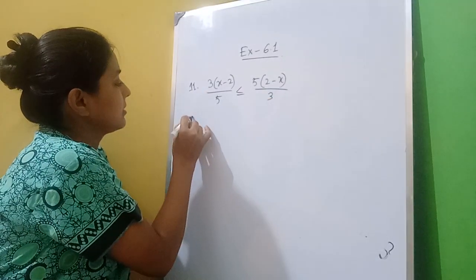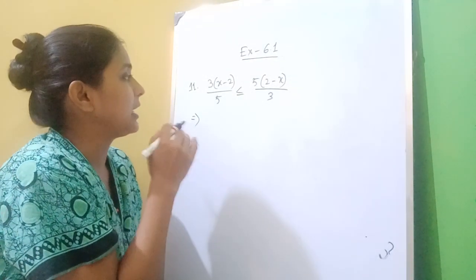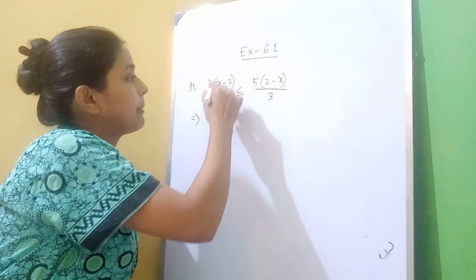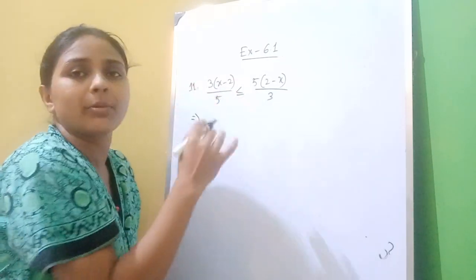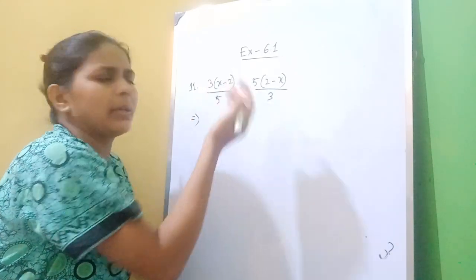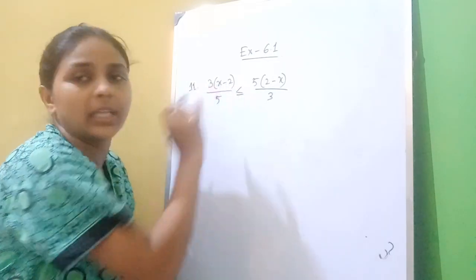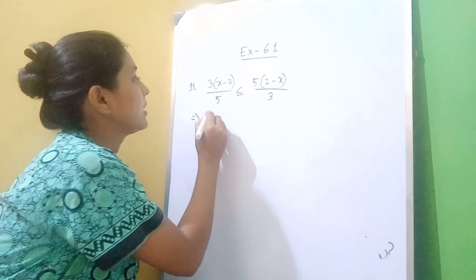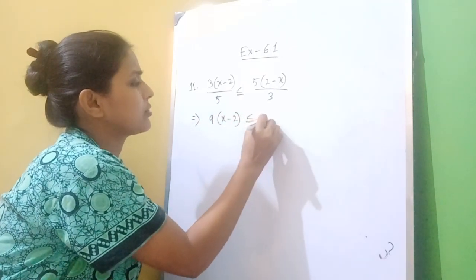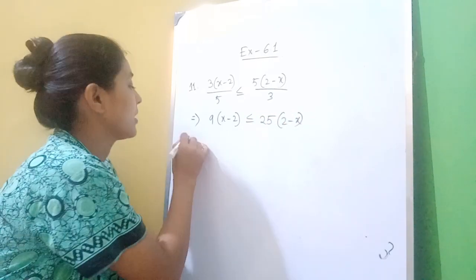For this, first we need to simplify it to a linear inequality. So we will be doing the normal calculations. Cross multiplication will be done with positive numbers, so there will be no changing of the sign. That means it will be 9 into (x minus 2) less than or equal to 25 into (2 minus x).